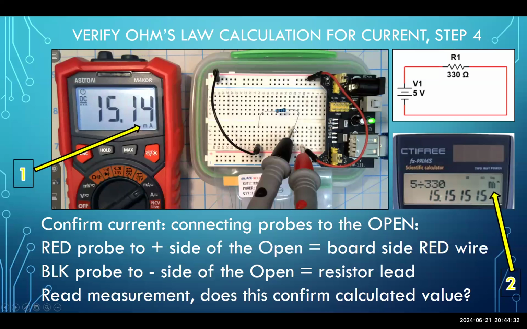By hooking your probes up this way, the electricity flows through the resistor, up this probe into your meter, giving you the reading, down through this probe, and following the red wire back to the red rail. That's how your continuity is maintained. Your meter becomes part of the circuit. And does the measured value confirm something pretty darn close to the calculated value? Yeah, and I said they're not going to be exact, but are they going to be close? Looks pretty close.